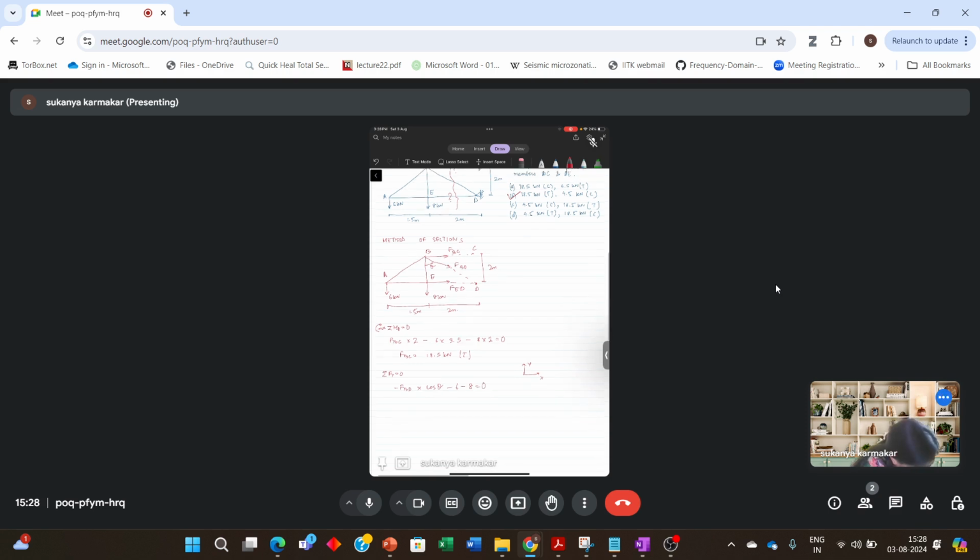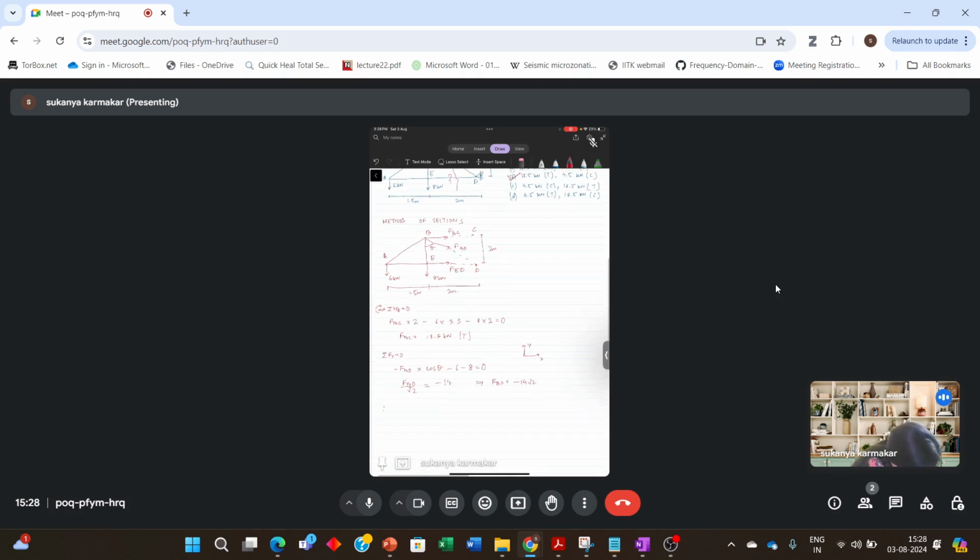Theta is 45 degrees, so FBD by root 2 is equal to minus 14. So FBD comes out to be minus 14 root 2.